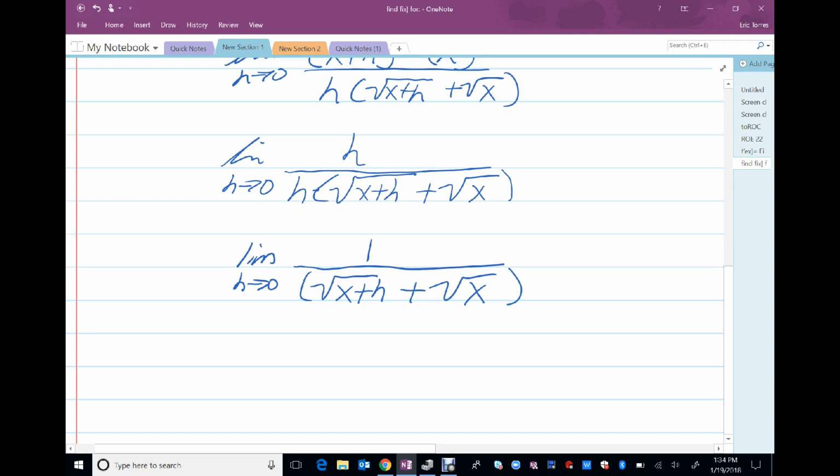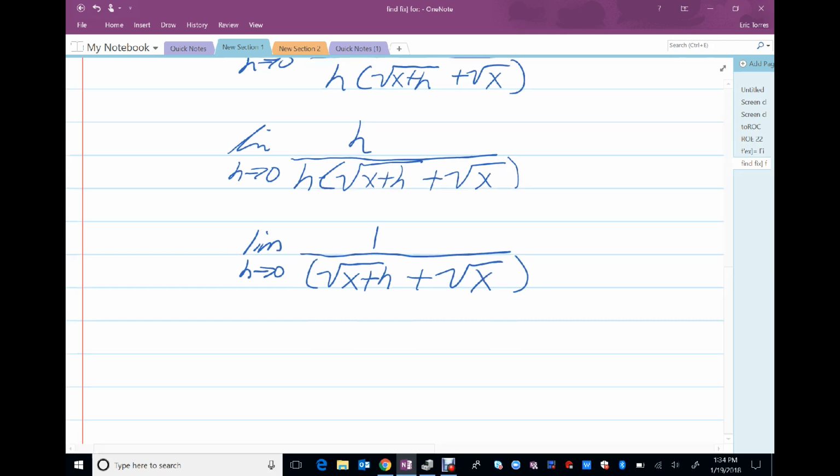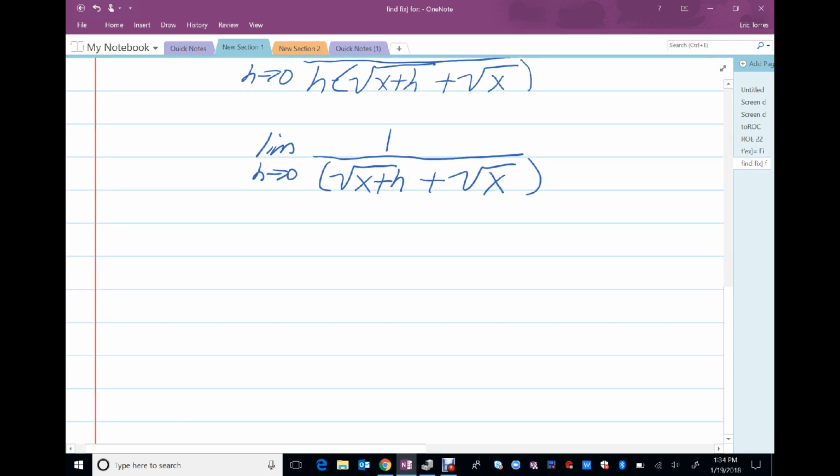This object, however, I can analyze because I can plug in h directly. And again, remember, I am looking for the derivative of the function at x, and now I'm going to go ahead and plug in 0 for h. And when I do that, I end up with the square root of x plus 0 plus the square root of x, which simplifies into this object looks exactly like that object.